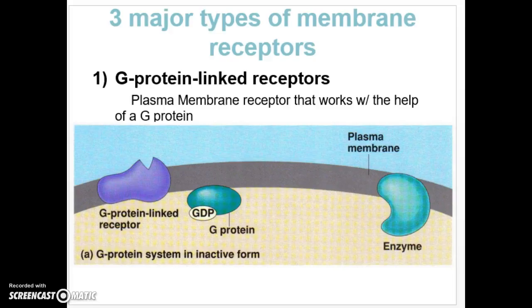They're involved with fetal development, they're heavily involved in vision, and also in the sense of smell. So, for example, there are about 1,000 different G protein linked receptors involved in our sense of smell alone.